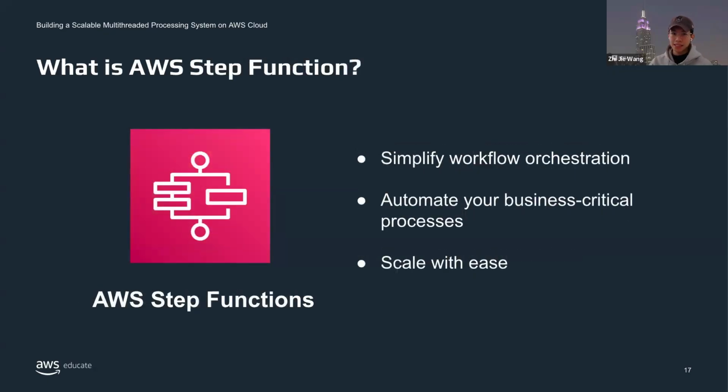Okay, next we'll talk about orchestration workflow, which can be done by AWS Step Functions. You can think of AWS Step Functions as a comprehensive workflow on AWS. You can define your own structure and your own components, which could consist of AWS Lambda functions, databases or storage, or API Gateway.